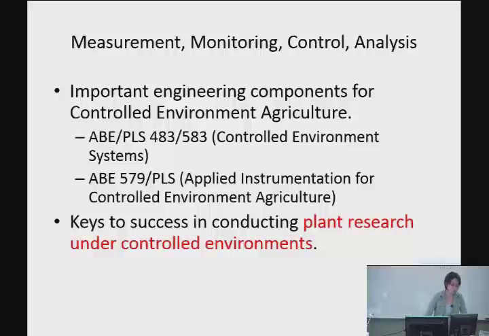And then also I talk about measurement and monitoring techniques of the controlled environment. Not much, because there are courses like that in our group if you want to know more. But I'm going to review the important points of measurement, monitoring, and some controlling techniques in controlled environment research, and also production. And why?